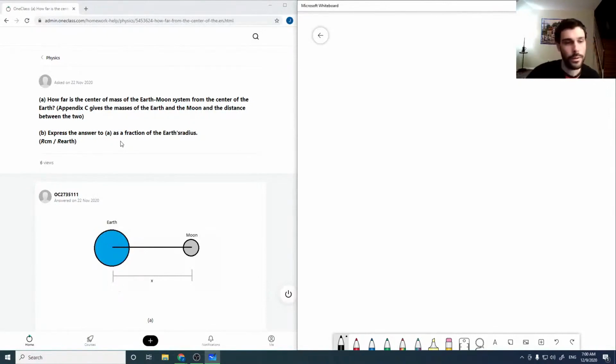Okay, so how far is the center of mass of the Earth-Moon system from the center of the Earth? And then we're given all the masses and everything. So we have our Earth, which has a mass of 5.98 times 10 to the 24 kilograms.